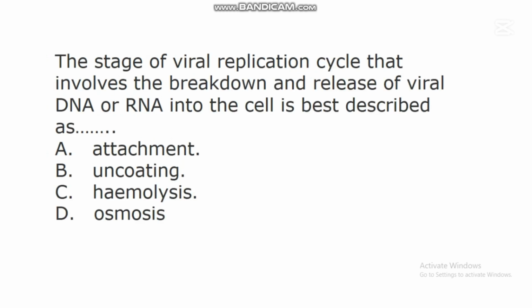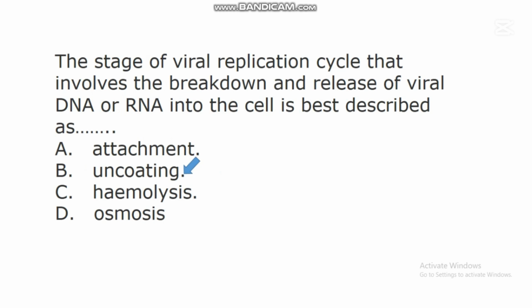The next question says, the stage of viral replication cycle that involves the breakdown and release of viral DNA or RNA into the cell is best described as dash. A, attachment. B, uncoating. C, hemolysis. D, osmosis. In this question, the correct answer is B, uncoating.